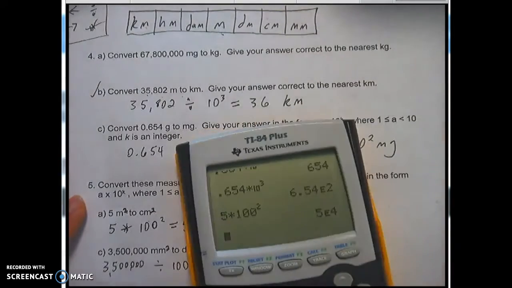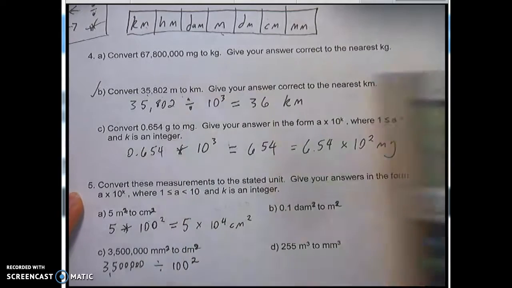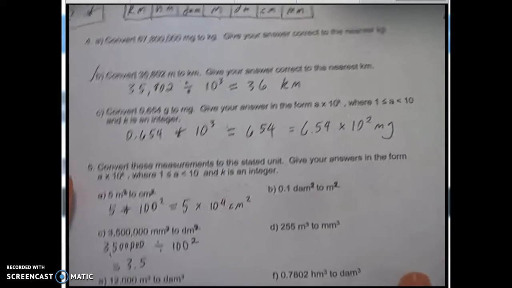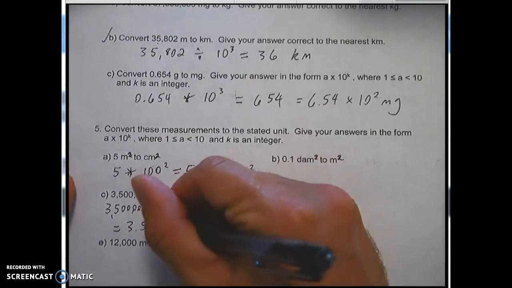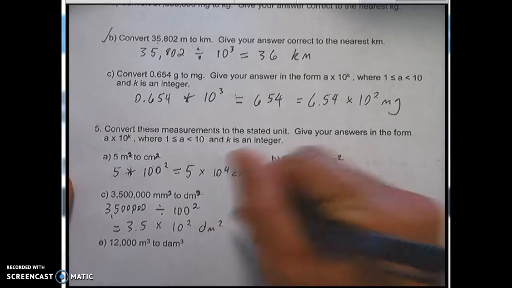When I type that in the calculator, 3,500,000 divided by 100 squared, well, that's 3.5 times 10 squared. And the units on that is decimeters squared.